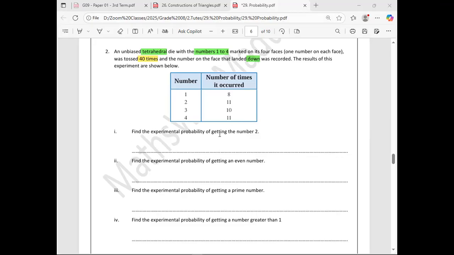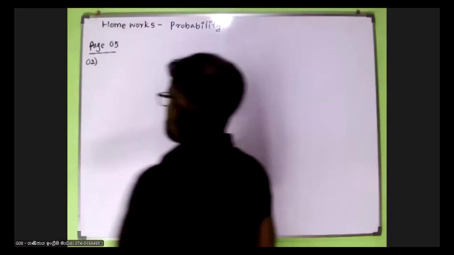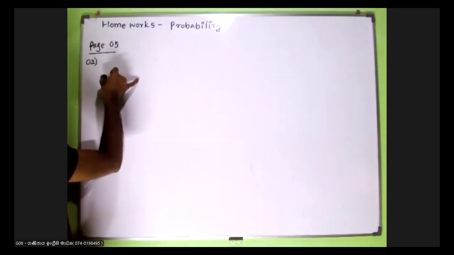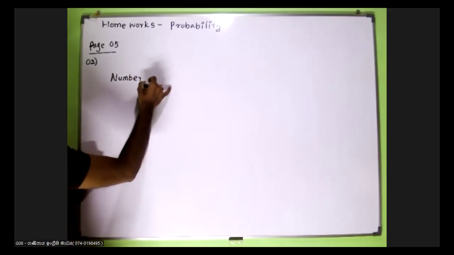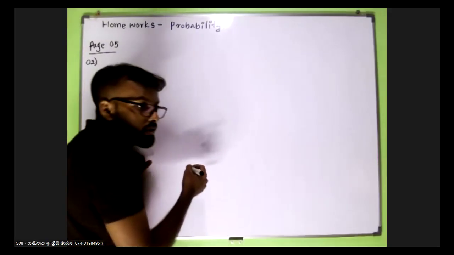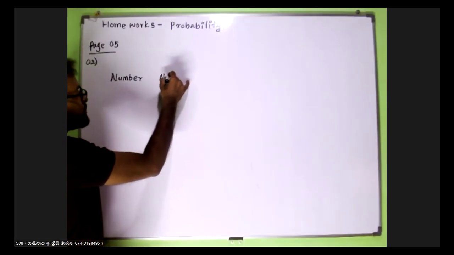Find the experimental probability of getting the number 2. That is very easy. So first of all, let me draw the table on the board. So this is the table: Number, and the number of times it occurs.